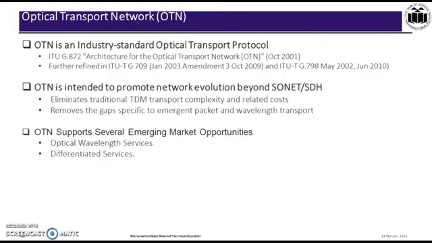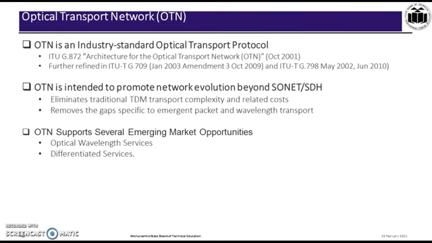Moving to the next, the OTN, that is the optical transport network, is an industry standard optical transport protocol. ITU G.872 is the architecture for the optical transport network. It is further refined in ITU-T G.709.